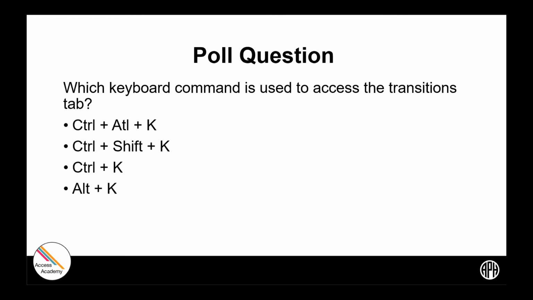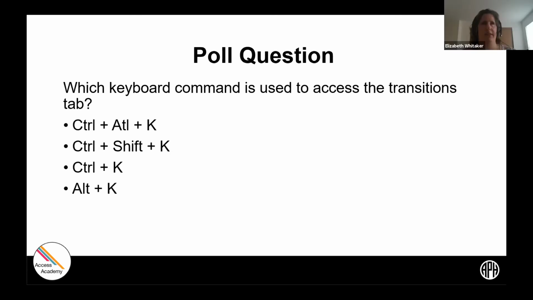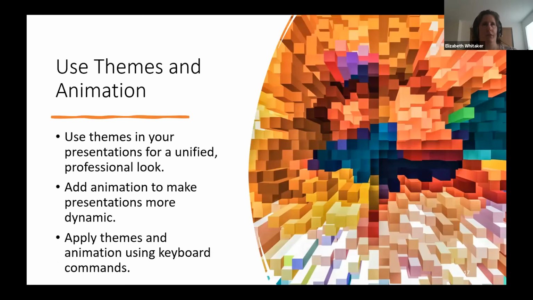And next slide up is using themes and animation. All right. So themes are often used to give your presentation a unified look. Now, you don't have to use a specific theme. You can just use the default. But if you want to, you can choose a theme. You can apply it to one slide. You can select slides. You can apply it to all slides.